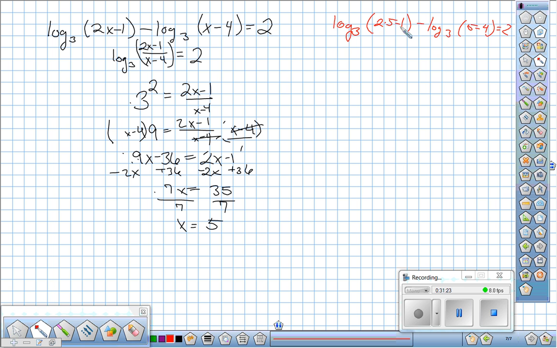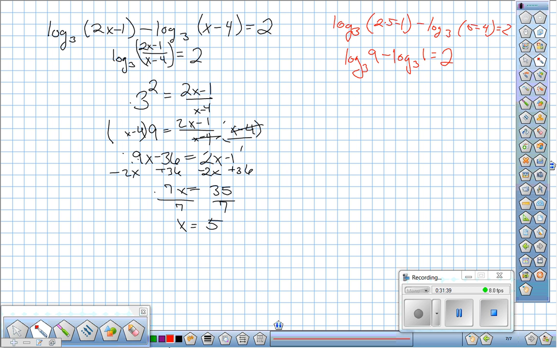So then 2 times 5 minus 1 will be 9. So I have the log base 3 of 9 minus the log base 3 of 1 equals 2.